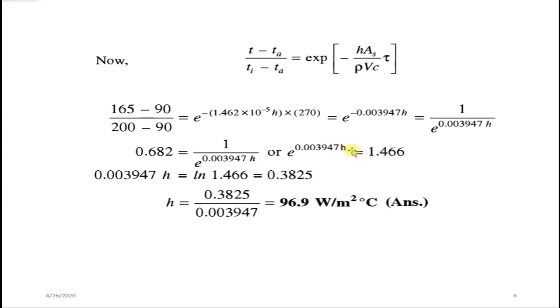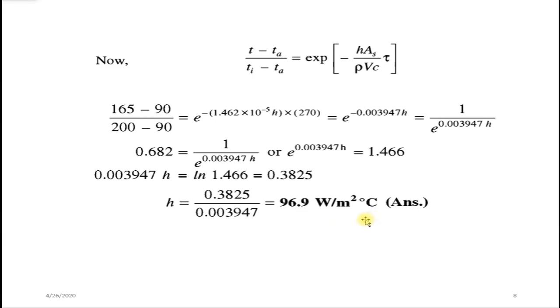This h we have to find out. Take ln on both sides. So 0.003947 h is equal to ln of 1.466. Finally, if you simplify this equation, you will get h as 96.9 watt per meter square degree Celsius.